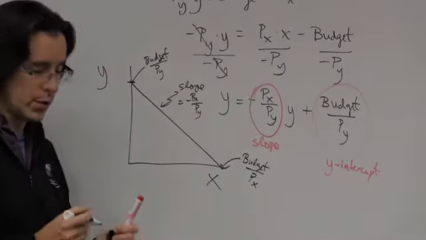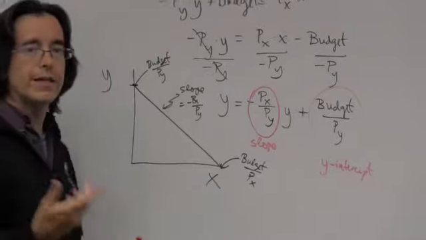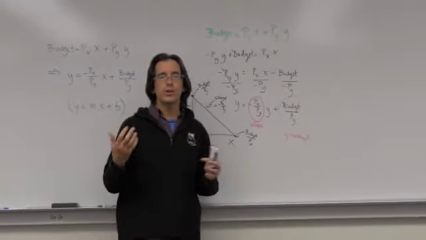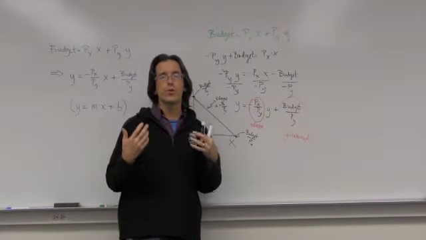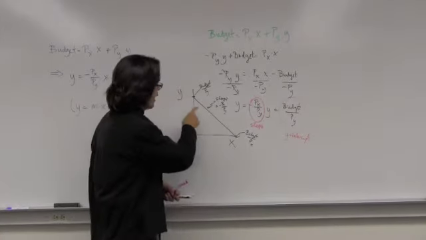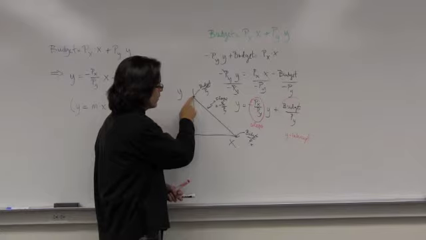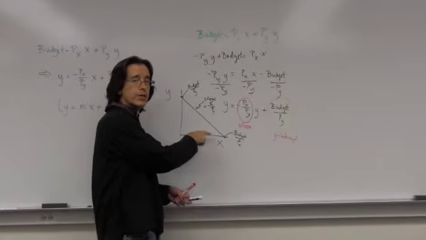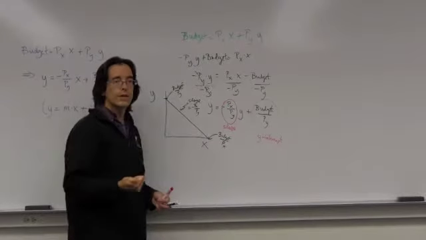So what does this equation represent? By definition, the budget line represents all the combinations of two goods that could be purchased with a given amount of money. As you move from one point to the next along this budget line, what's the same?